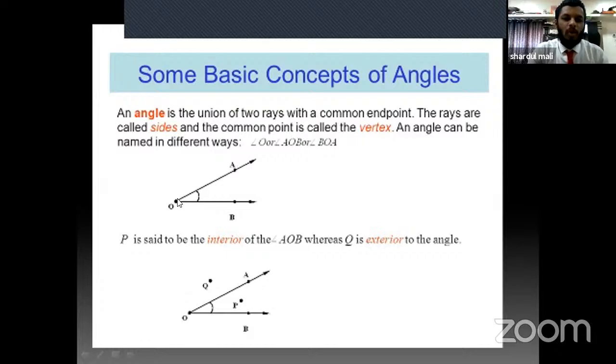One ray is OA and the second ray is OB. And the common point of these rays is O. Both rays, ray OA and ray OB, are joined at a common endpoint, that is point O. And because of that, we can say that point O is the vertex of angle AOB.